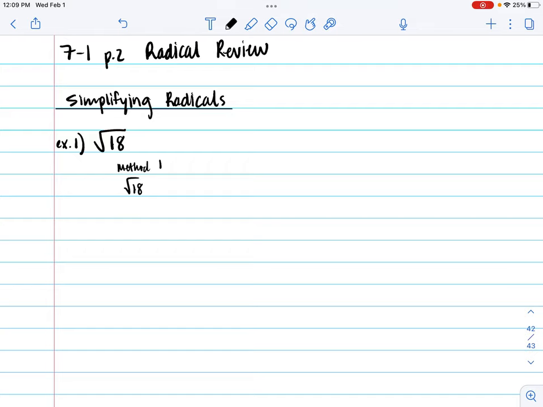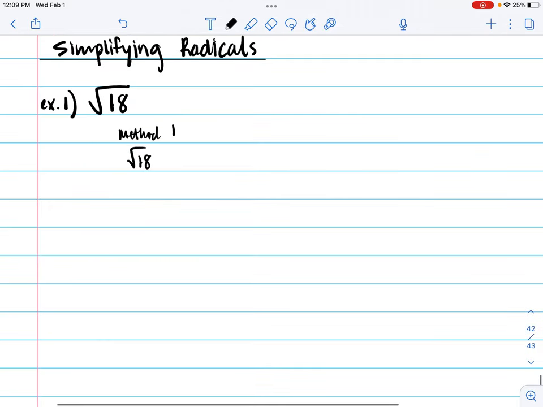We take the square root of 18 and we focus in on numbers that are perfect squares. So for instance, 1 squared is 1, 2 squared is 4, we keep going, 9, 16, 25, 36, 49, 64, 81, and 100, okay?